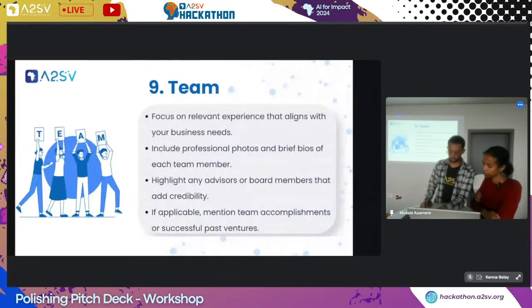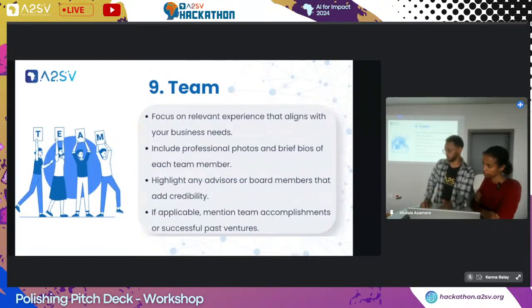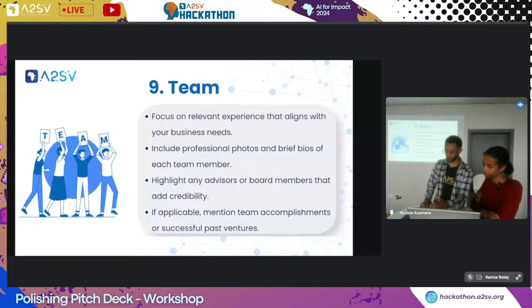You should also have professional photos and brief bios that tell something about your team members. Like I said, advisors and board members that have credibility and good experience in any sector you work on.